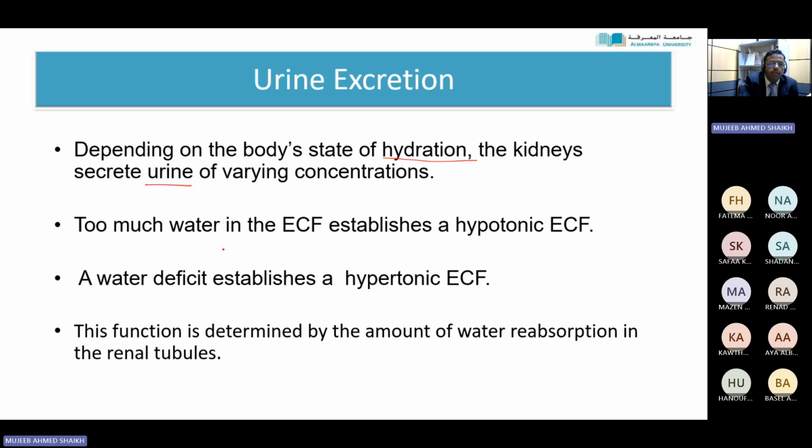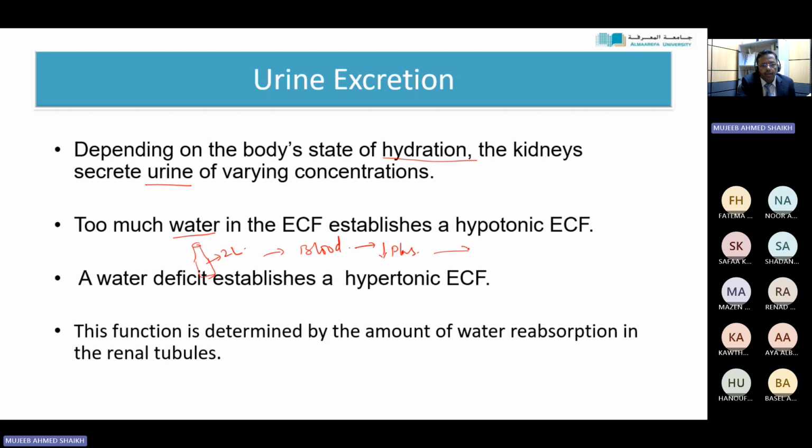So if we drink too much water, let's say I drink at a time a bottle of 2 liters of water, what will happen? It will get added to the blood or plasma, and this will lead to a decrease in the plasma osmolarity.